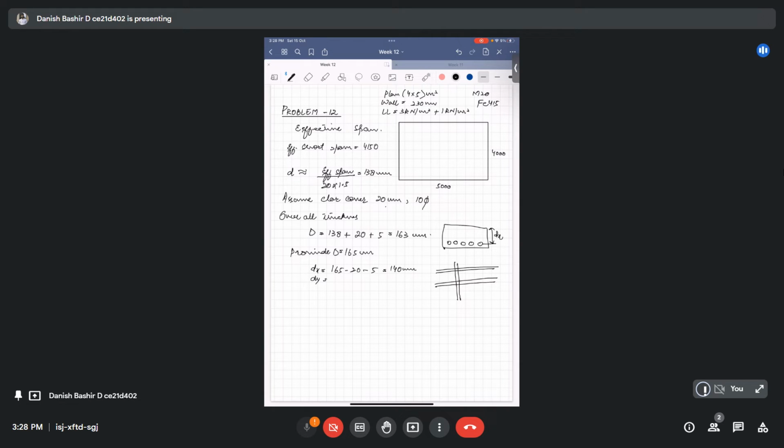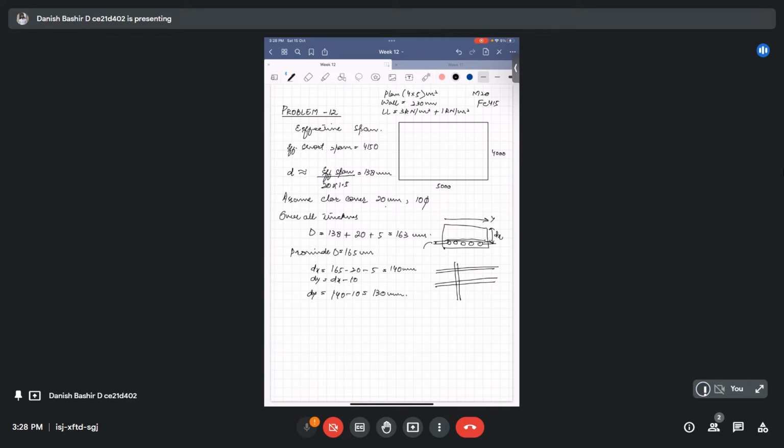Now you have to provide a bar along y direction over this one, so dy will be dx minus the full bar diameter 10, dy will be equal to 140 minus 10 is equal to 130 mm. Okay, this is clear to everyone.